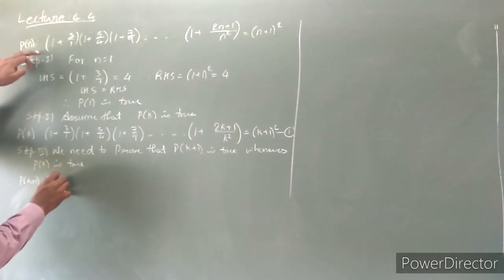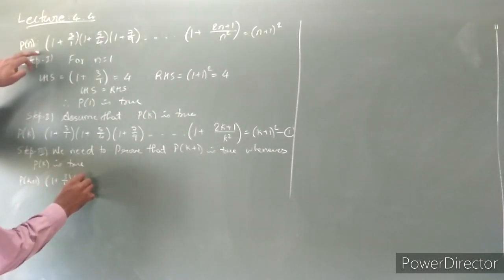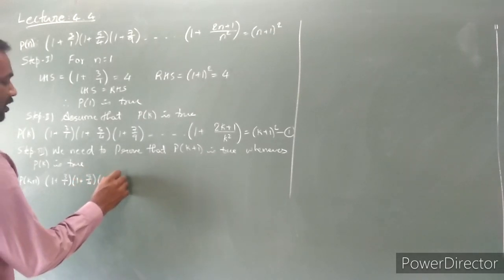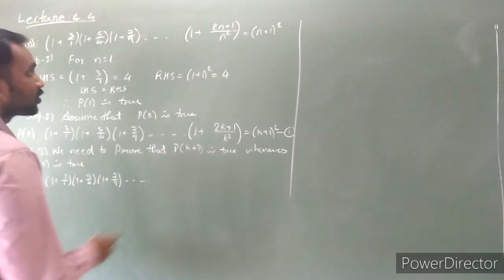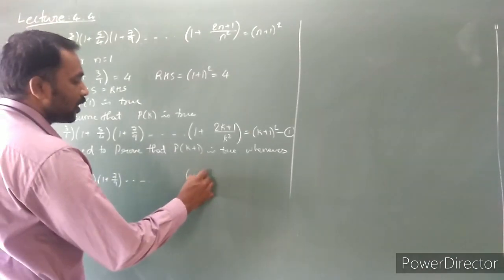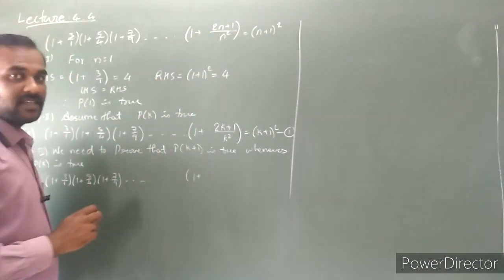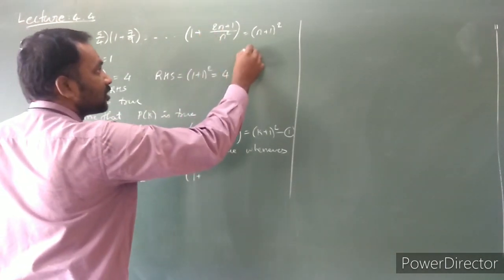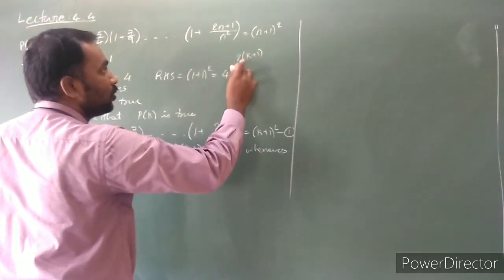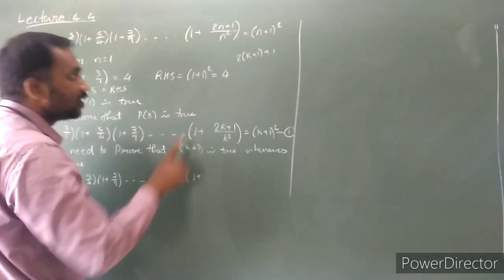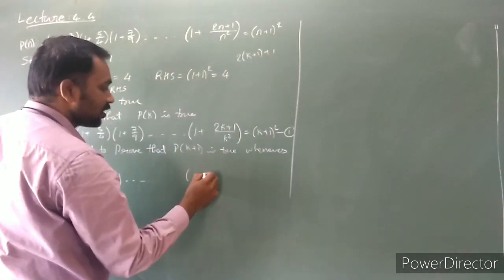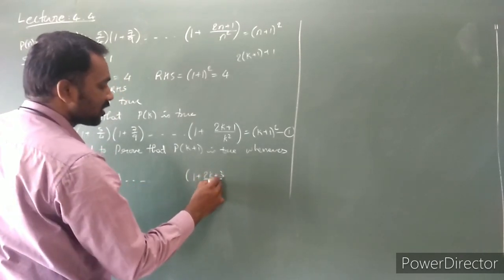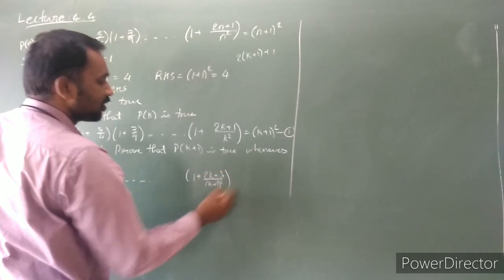First term as it is: 1 plus 3 by 1, into 1 plus 5 by 4, into 1 plus 7 by 9, and so on. The last term is 1 plus, in place of n, k+1: 2 into (n+1), that is 2k plus 2 plus 3, that is 2k+3, divided by (k+1)².